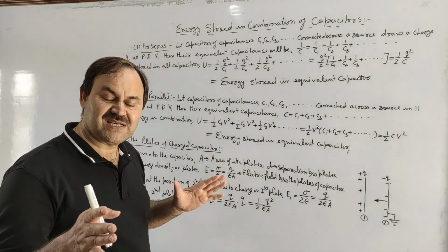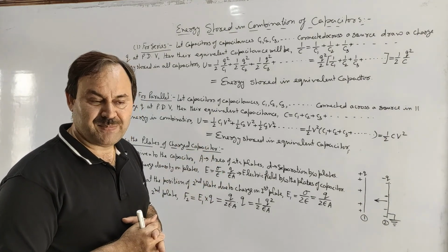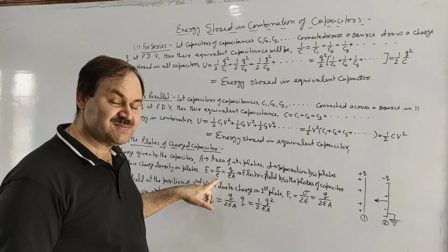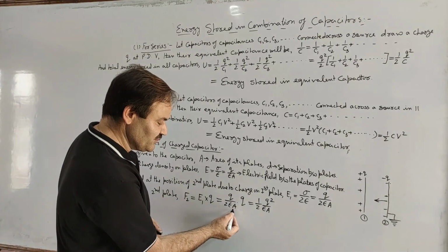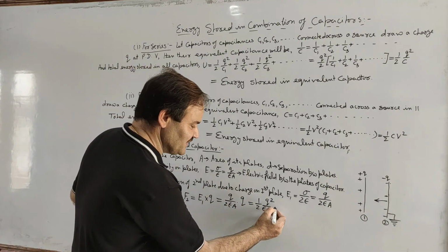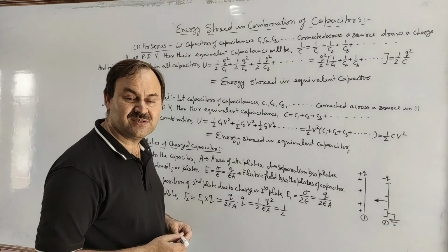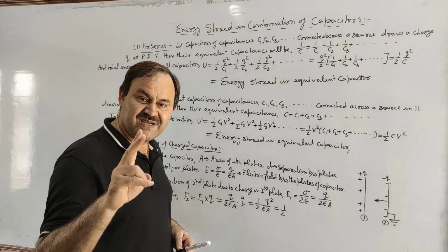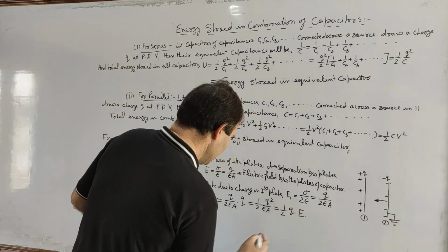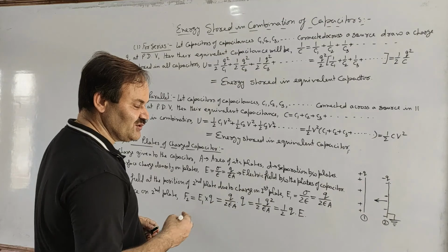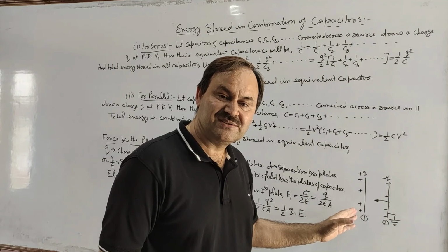We know that electric field at a point between two equally and oppositely charged plates, E is sigma by epsilon, that is Q upon epsilon into A. So Q upon epsilon into A can be written as electric field between the plates of capacitor, and then the expression of force between the two plates of a charged capacitor will be half Q into E. So thus the same force will be exerted by the second plate on the first plate.